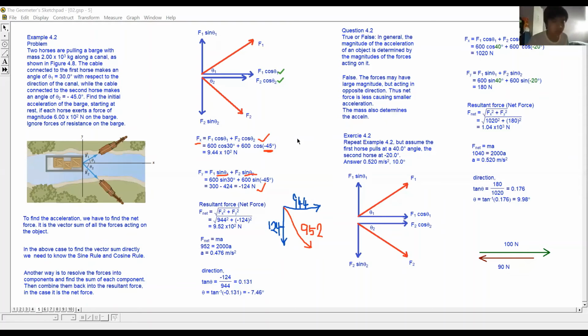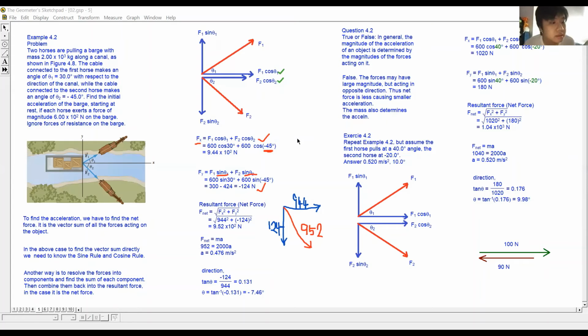Then you should get the answer. You try and see if you can get it in one step. I got 952. Yeah, correct.